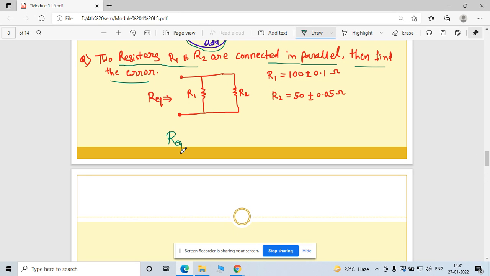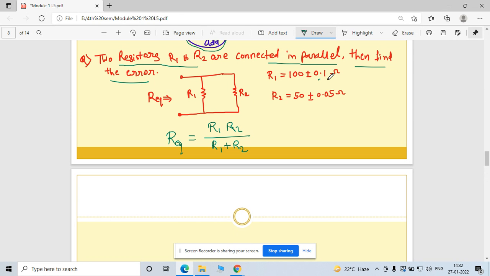See, these two resistances are connected in parallel, right? So you need to take the parallel combination, which is nothing but R1 R2 divided by R1 plus R2. Now see, this resistance is given in terms of absolute error, right?